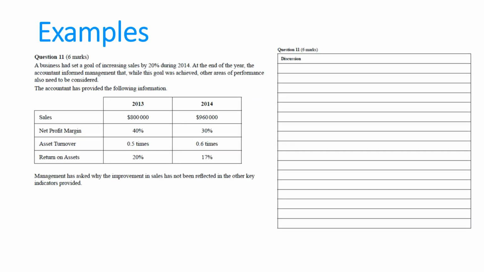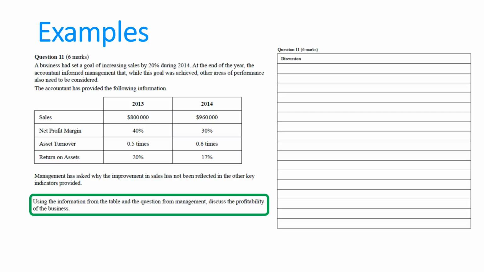Here's some past examples, so you can see this is 2014, I think. You've been given some figures there and some ratios, and the question you were asked was, using the info from the table and the question from management, discuss the profitability of the business. So on the one hand, it seems to have deteriorated based on these 2 ratios. Can you find another way to look at it as a positive?